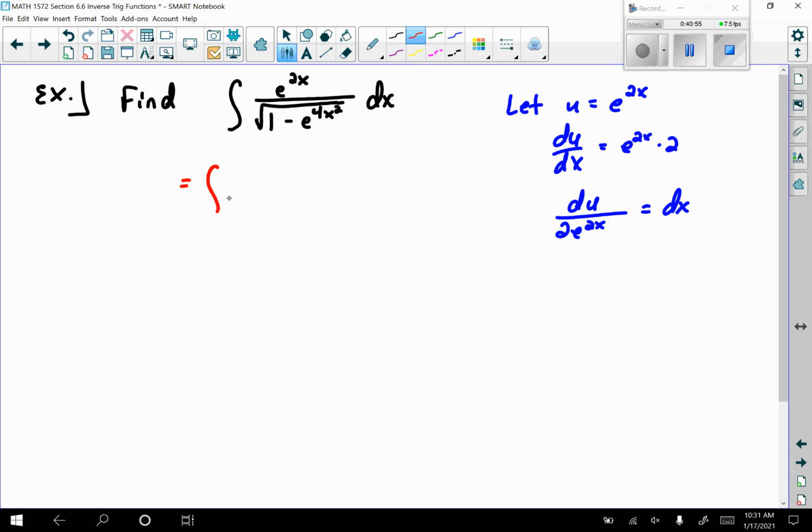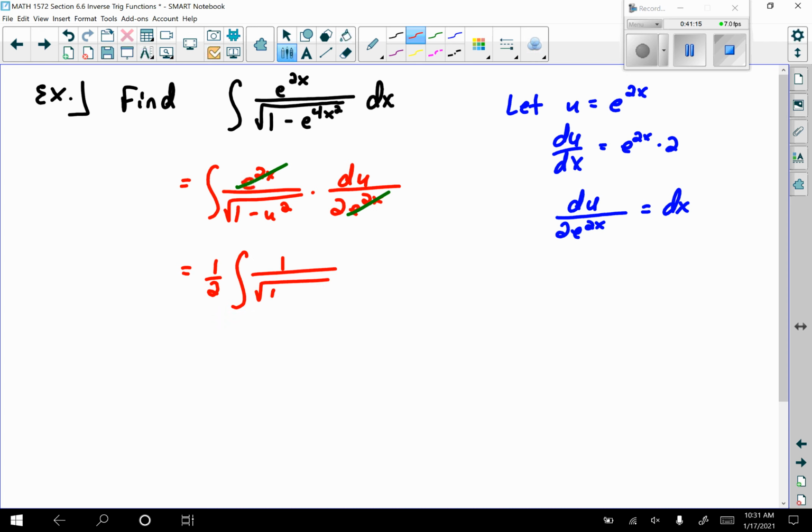So now we'll come back over here. This becomes the integral. I'm going to leave the e to the 2x at the top. And then this is over the square root of 1 minus u squared. Again, dx is du over 2e to the 2x. So now you can see the e to the 2x's divide out. We'll put the 1/2 out in front, so it's 1/2 times the integral of 1 over the square root of 1 minus u squared du.